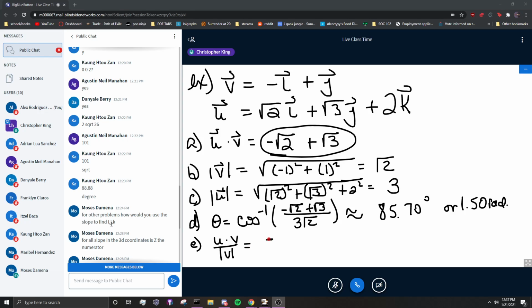So u dot v is negative square root of 2 plus the square root of 3, and the magnitude of vector v, we said, is the square root of 2. And then the last thing we're going to do is to find the projection. Does everyone have all this down before I go to the next page? I don't want to rush.